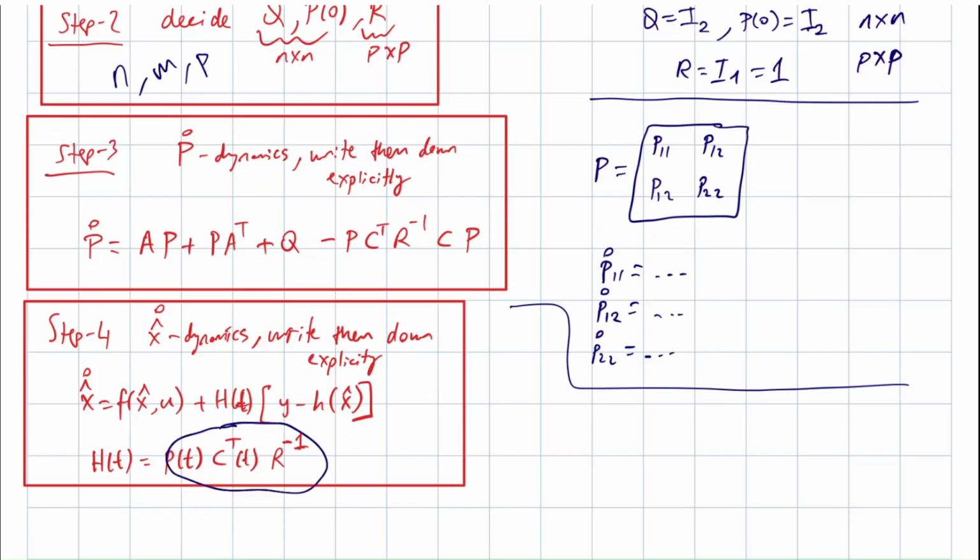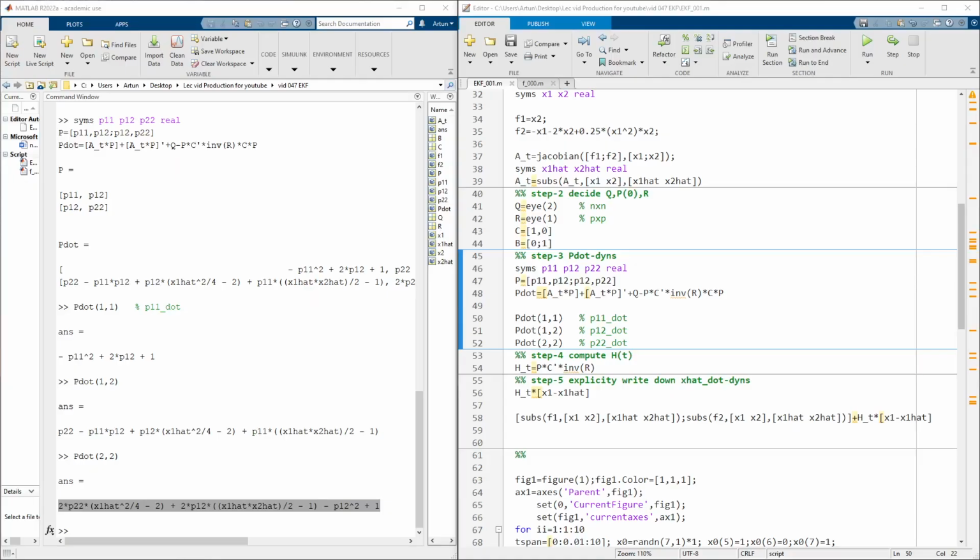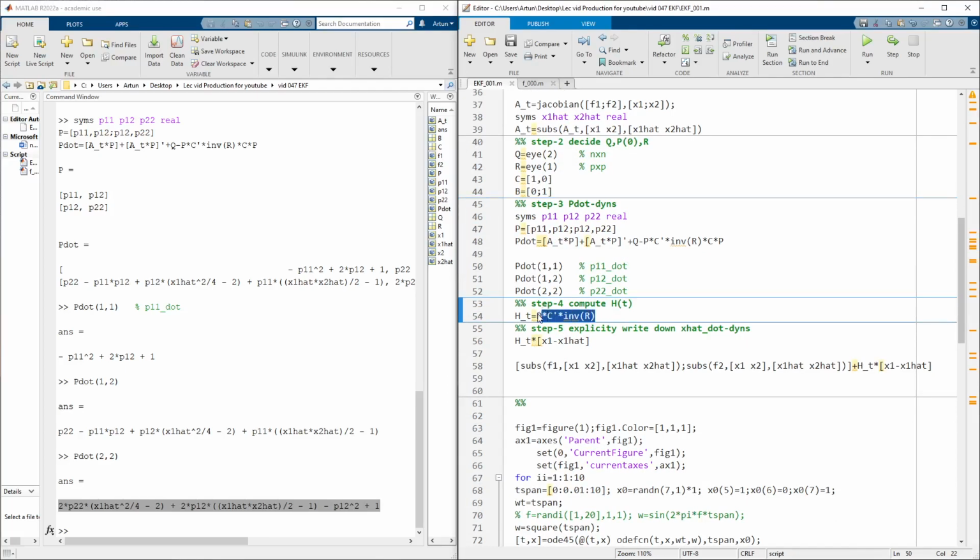You don't need to write it on a piece of paper. You can just use the symbolic toolbox of MATLAB. So let's go to MATLAB again. Right here, if you recall, that was the H of t equation.